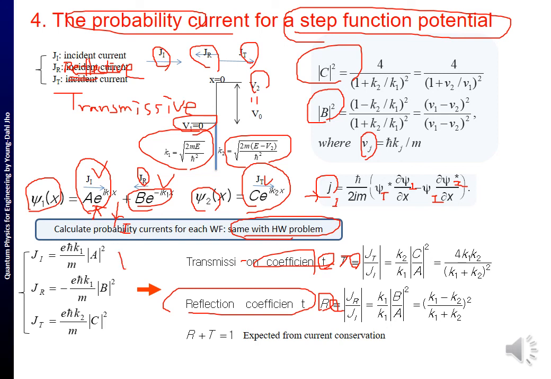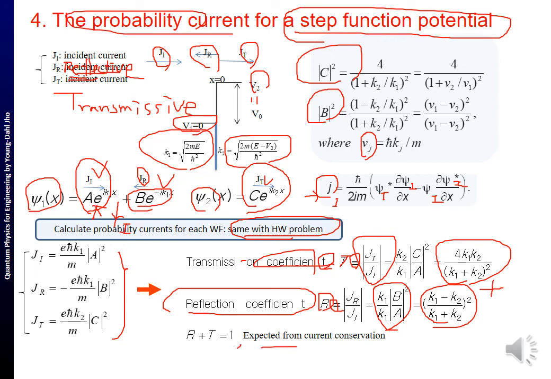So based on this, you calculate this, then you can get this. You calculate this, then you can get this. If you add them up, you can easily see that R plus T equals 1 as expected from current conservation. Now it is reasonable, right? So we found out that probability current, rather than probability, is more adequate to describe the tunneling.